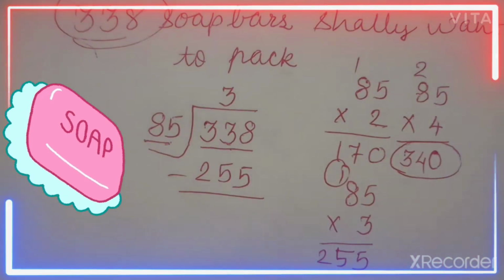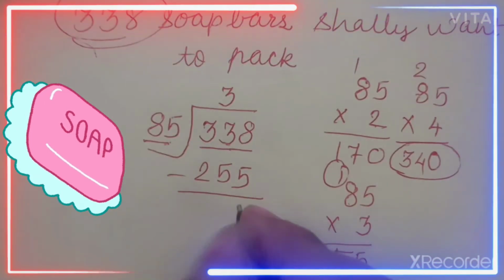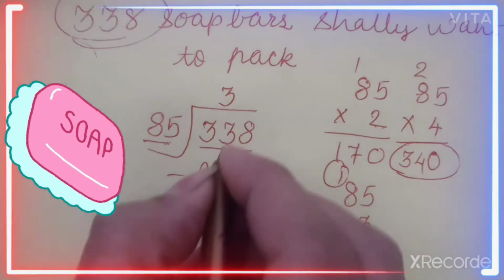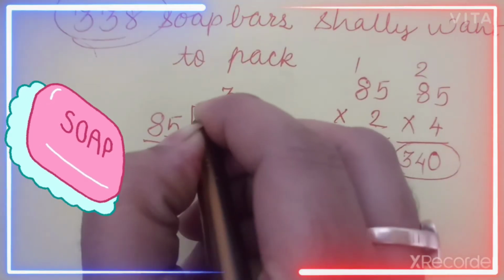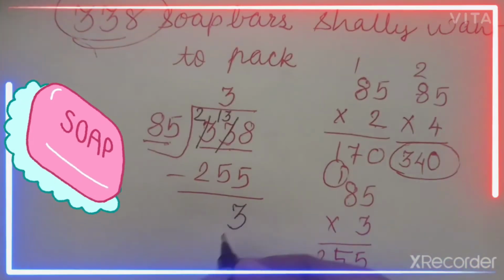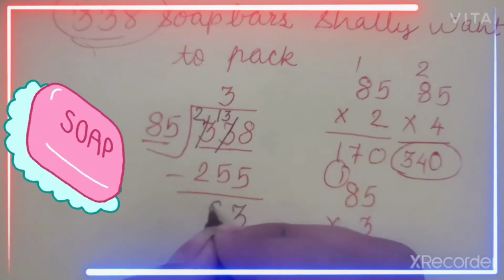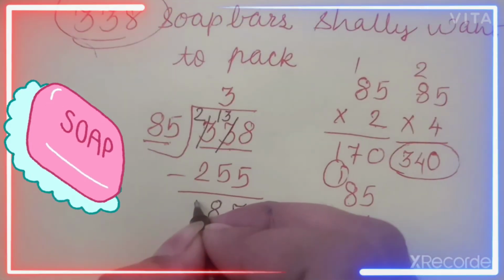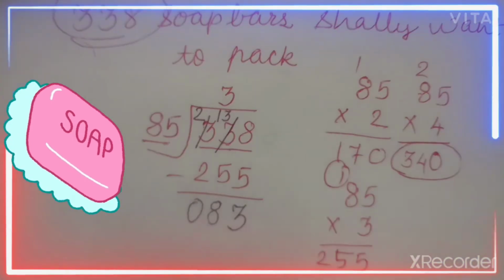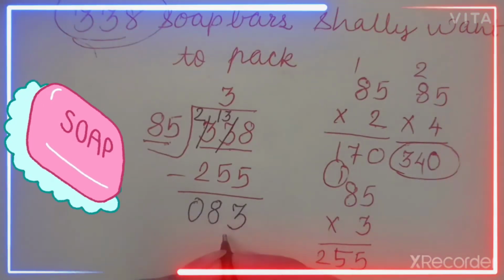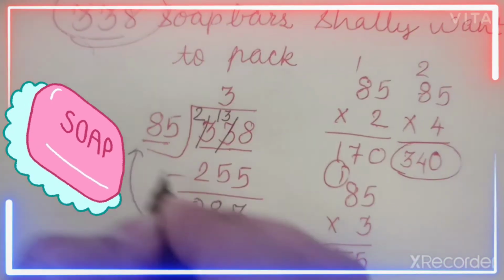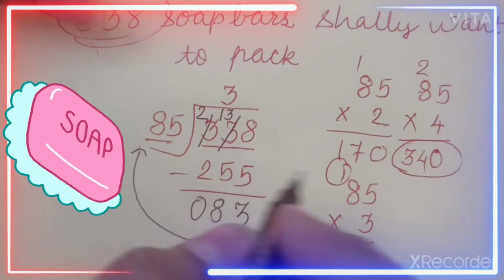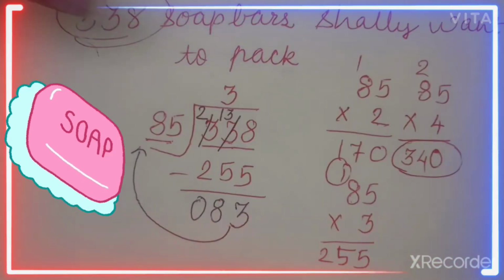Now subtract the number. 8 minus 5 is 3. Then 3 minus 5 not possible. 13 here and here 2. 13 minus 5, 8, and the number is the same, 0 is the answer. 83 will be your remainder because 85 is greater here. So it's not possible.